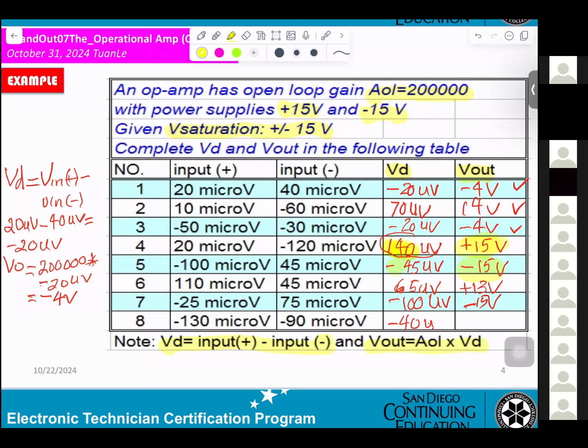Or when you multiply by the gain and you get more negative than negative V saturation, the op-amp is negatively saturated and will be minus 15. That tells you one thing: the output of the op-amp cannot be higher than V saturation. Either they go to positive saturation or negative saturation.